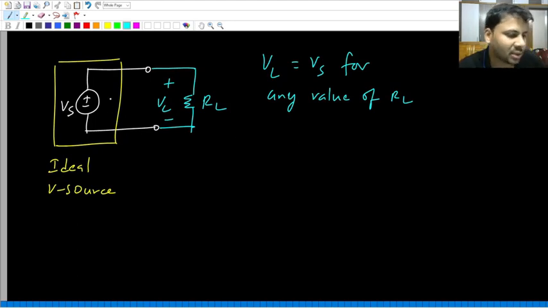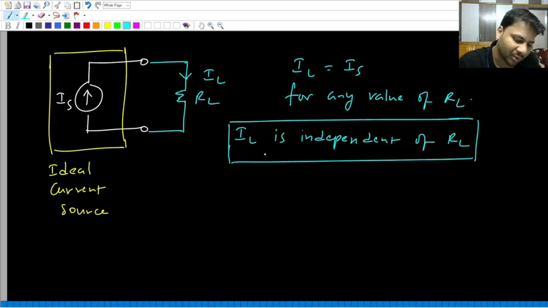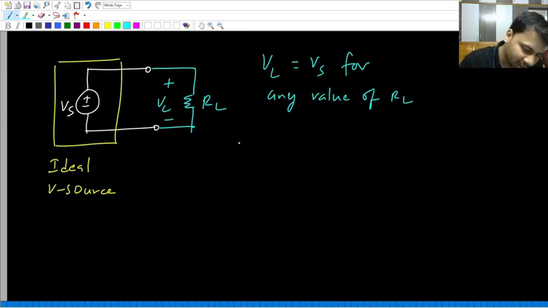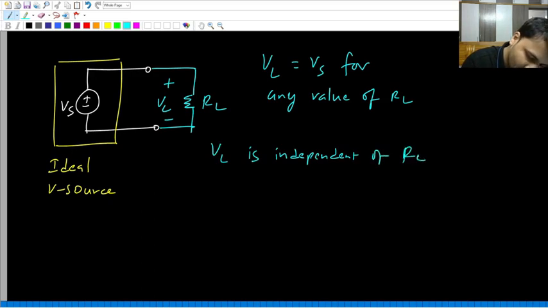So across this voltage source, whether you connect 1 ohm or 1 kilo ohm or 100 kilo ohms, always the load voltage will be equal to the source voltage. So can I say the load voltage in this case is independent of the load resistance, just like the earlier case where the load current is independent of load resistance. In this case, the load voltage is independent of the load resistance.